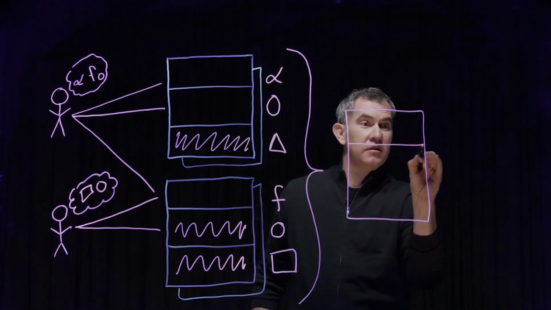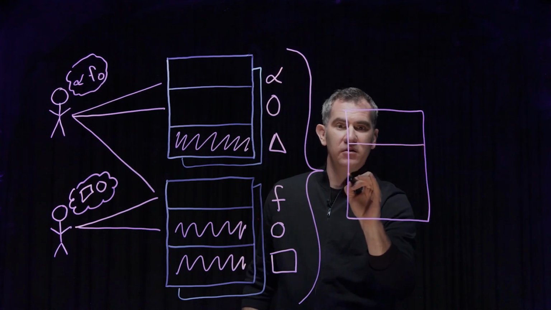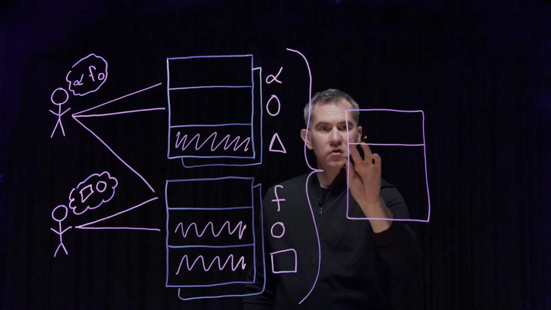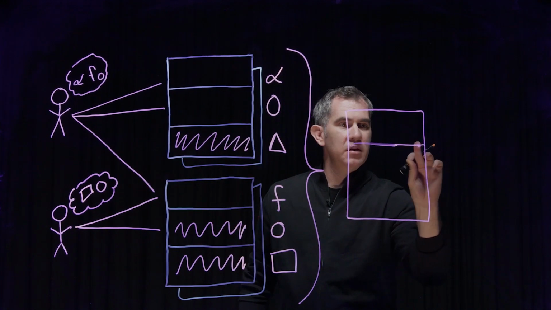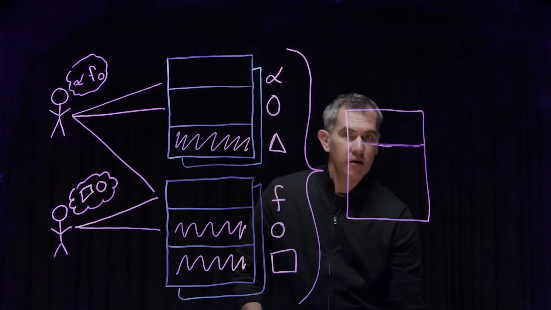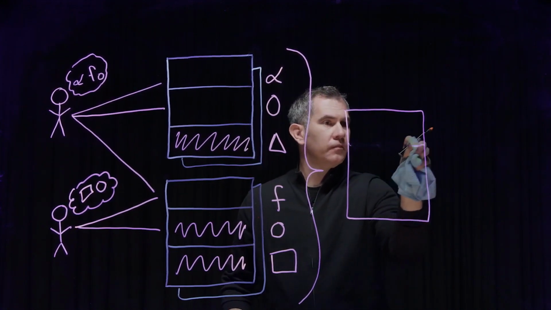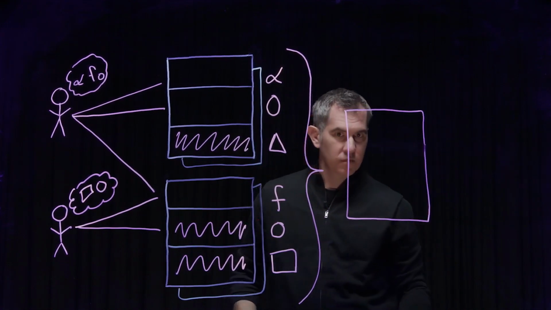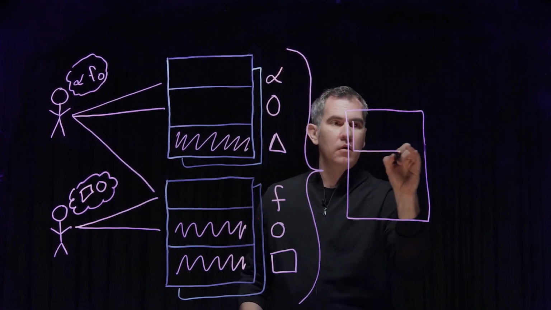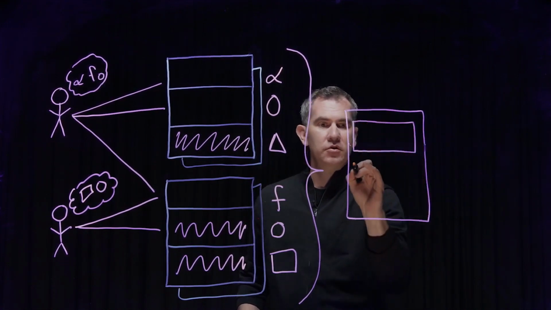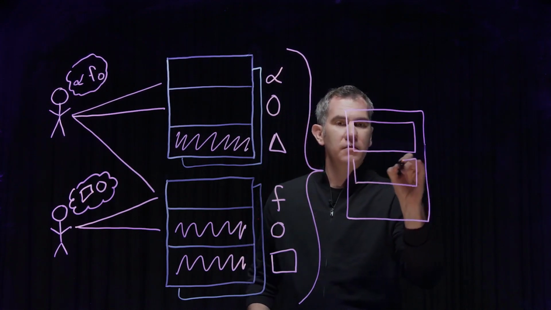So let's talk a little bit about what that might look like. And actually, I'm going to draw it a little bit different than here. Instead of these being sessions that are part of the same machine, I'm going to show them as being a bit isolated from each other.